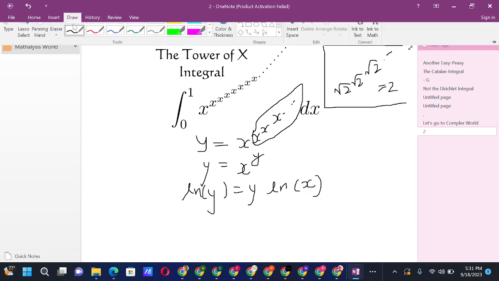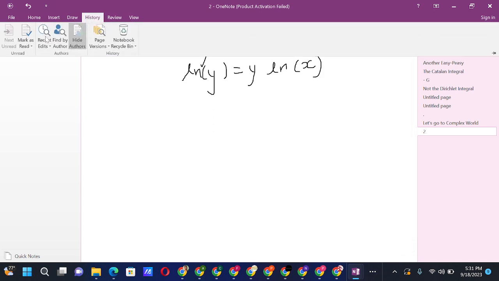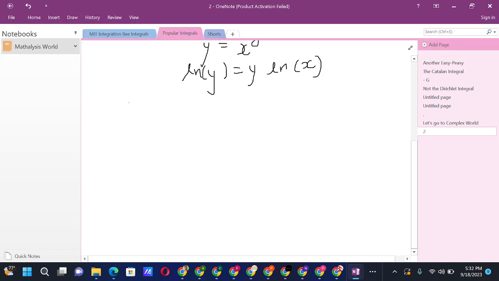Now I need to introduce you to something known as Lambert's W function. If f of x is x times e to the power x, obviously we cannot take its inverse. If we cannot do a thing in maths, we just define it.